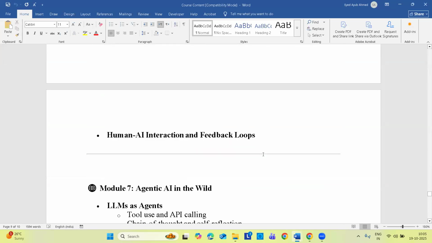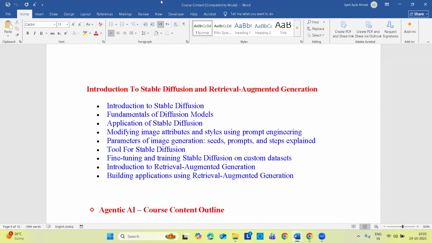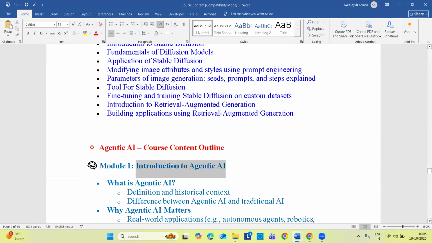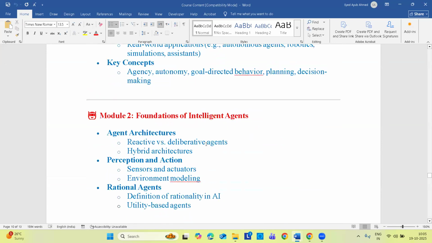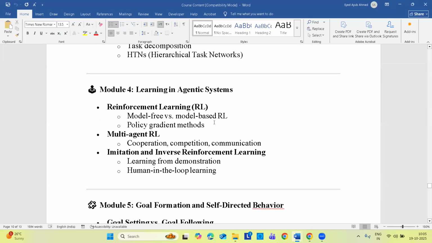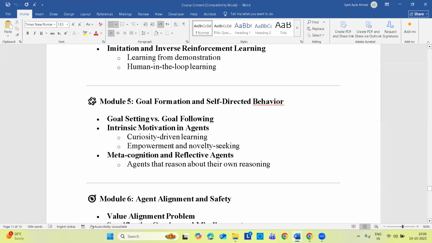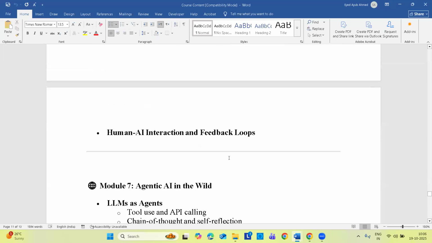And that was for Gen AI, guys. And this is for Agentic AI. Augmented generation I've explained, right? Agentic AI will have these things like introduction to Agentic AI, foundation, decision making and planning, learning in agentic systems like reinforcement learning, multi-agent RL, goal formation and self-directed behavior, agent alignment and safety as well.